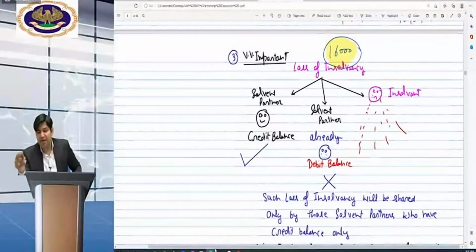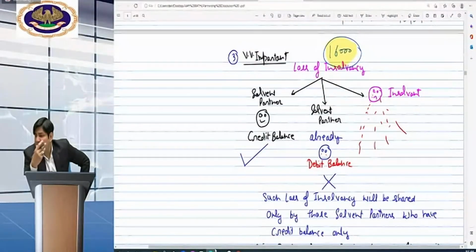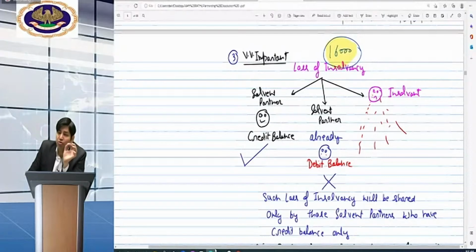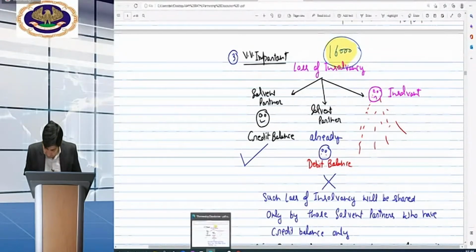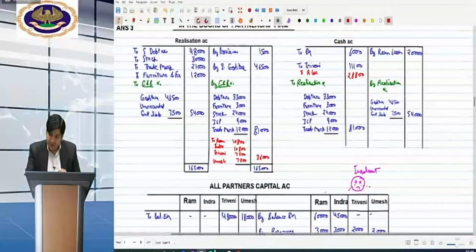After deciding the loss of insolvency and after bringing the realization loss by the solvent partners, we do not need to check the balance, credit or debit, because the question was to bring the loss of realization. Now the point is only those solvent partners who are having a credit balance. So first we have to decide the credit balance. Okay, beta. Without doing the balance, we have to do the balance in a working note or rough.